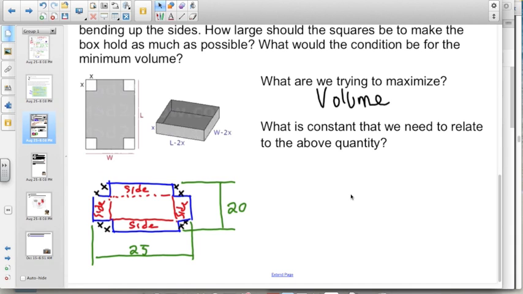So in other words, what about this problem that Amazon has is going to stay the same? Okay, I agree. However much they cut out is going to dictate how tall this box is. What is the thing that they can't control? What is the thing that has to remain the same? The size of the cardboard. Okay?